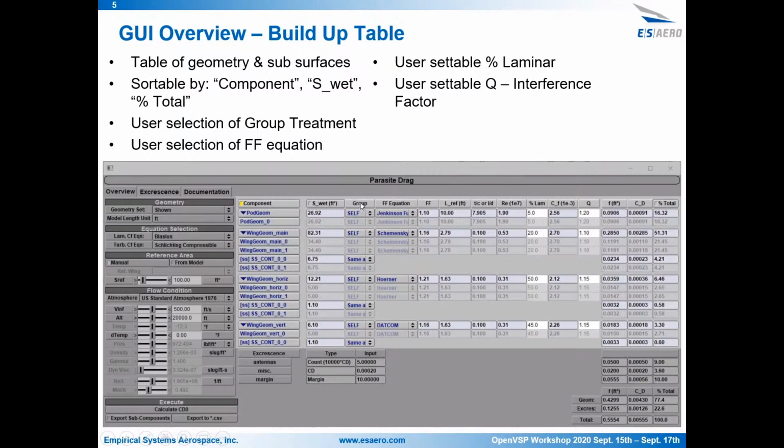You can select some different groups here, different grouping treatment. The form factor equations are settable here, and then you can set percent laminar flow and the interference factor, and then there are also some additional settings depending on the group and form factor equations.